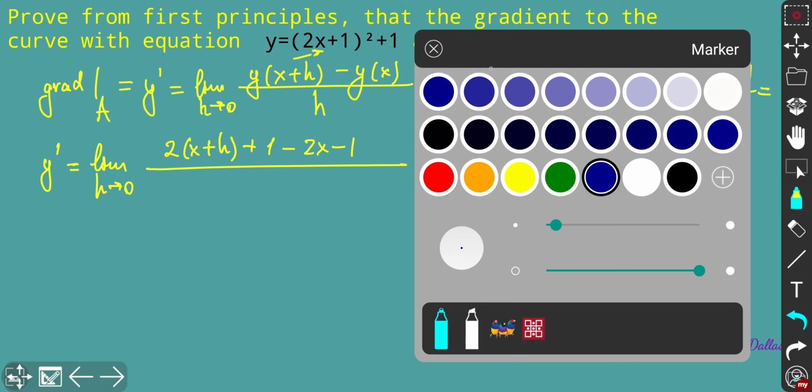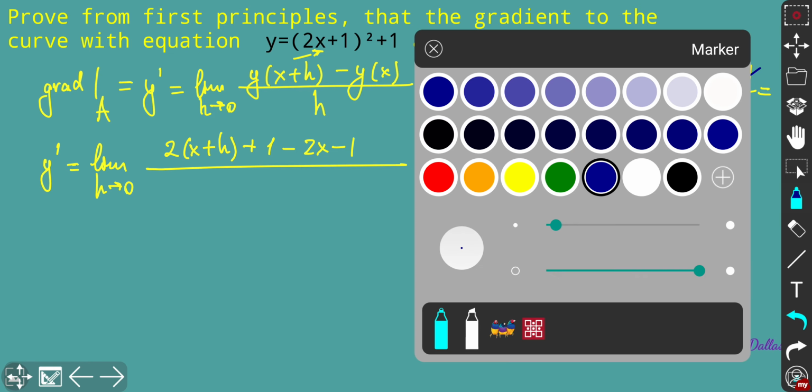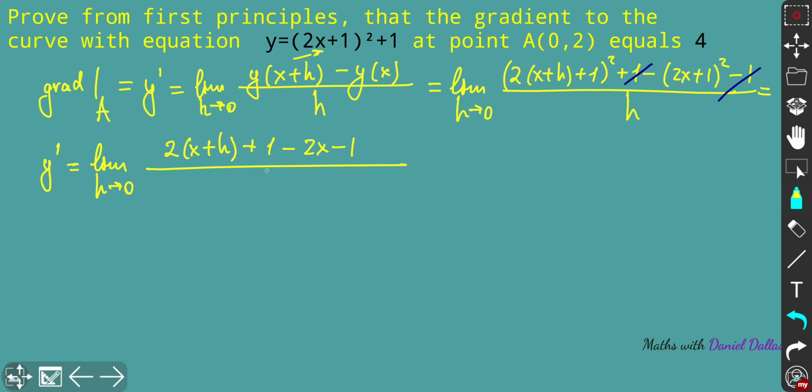The 1 and this -1 are cancelled. This is the first bracket, and the next bracket is going to be (2(x plus h) plus 1), and you add this expression 2x plus 1, over h.